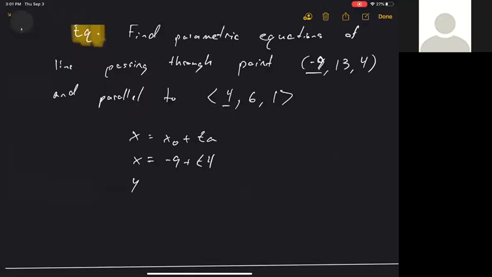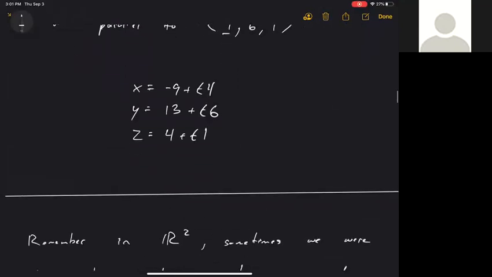And then y is going to be equal to 13 plus t times 6. And then z is equal to 4 plus t times 1. Now I've got this list of 3 equations, my parametric equations, and again, I could write them in this parentheses notation.